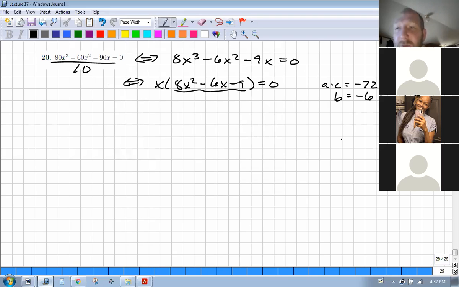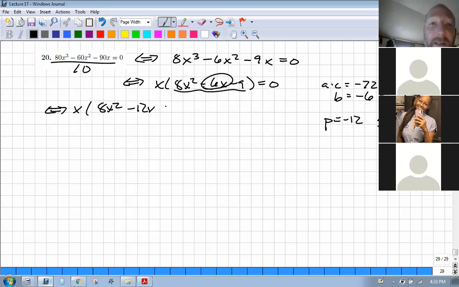So two numbers that multiply to give us negative 72, but add to give us negative 6. I'm thinking negative 12 and a positive 6 satisfies that. So we can rewrite our negative 6x as a minus 12x plus 6x.